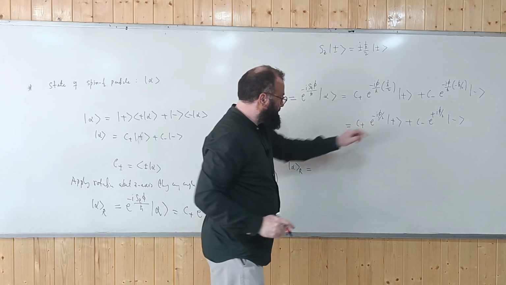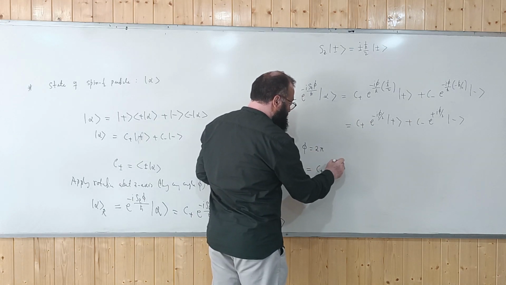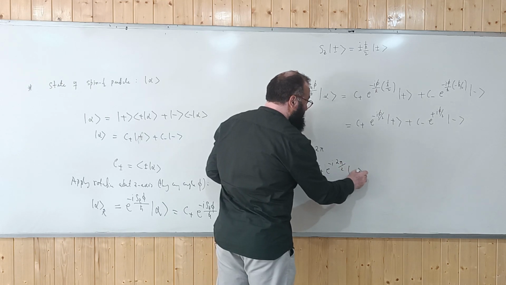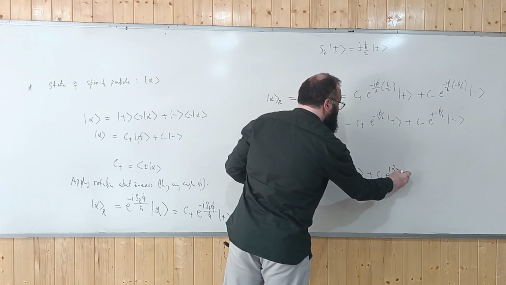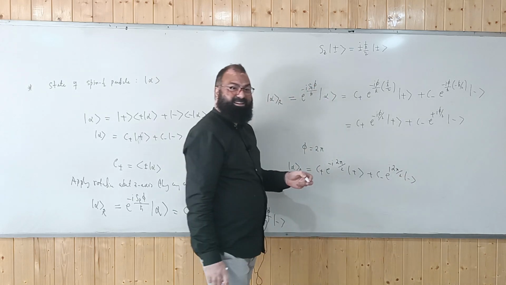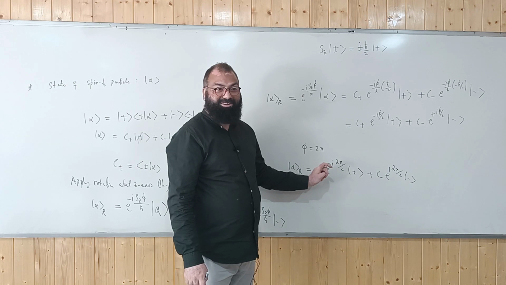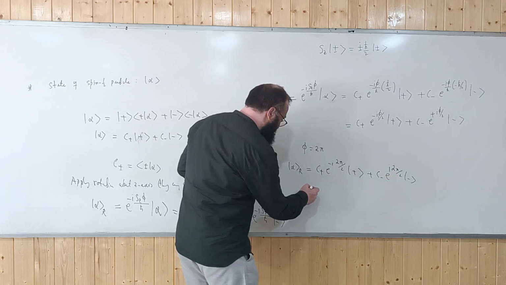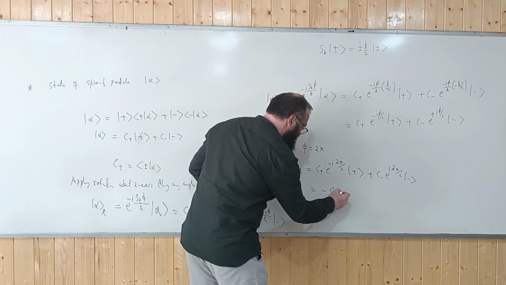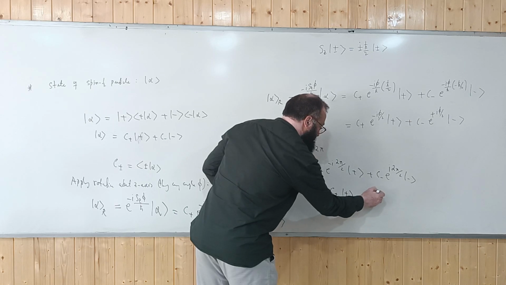So what do I need to put? It is C plus e raised to the power minus i, phi is 2 pi, by 2, plus C minus e raised to the power i 2 pi by 2, minus. Got it? So what did you get? e raised to the power minus i pi, what is the value? Minus 1. What is the value of e raised to the power i pi? Minus 1. So you actually get minus times C plus, minus C minus.